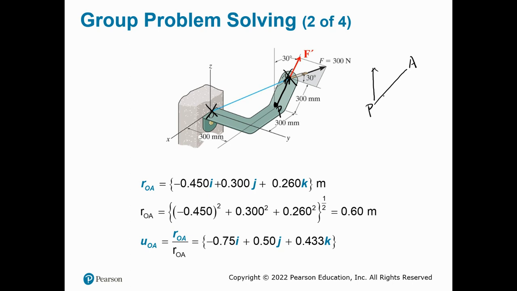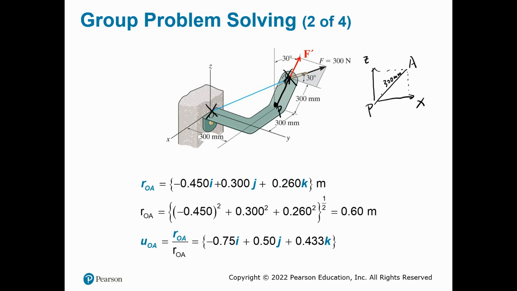So we're going to project that P and the A into the 2D. Because this one is 300 millimeter, and we know that in between this is the z-axis, this one is going to be the x-axis.